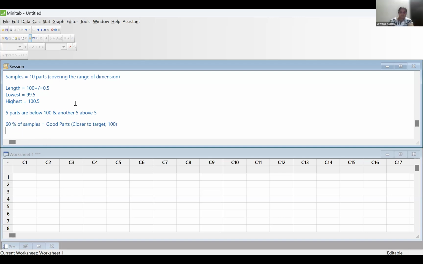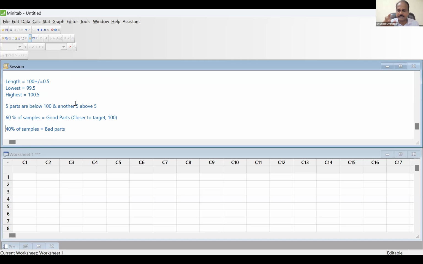Very good. Keep 60%. 60% of 10 is how much? 6. 6 parts should have values very close to 100. And the remaining 40% of the samples should be close to 100.5 and 99.5. Can you understand? This is how you must select samples.